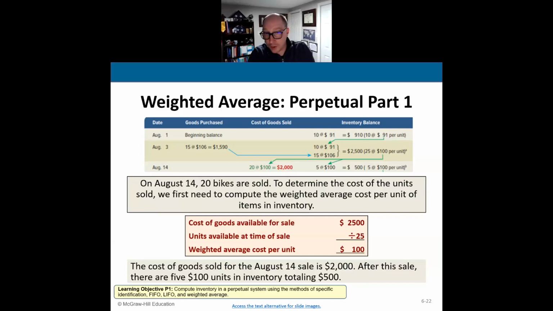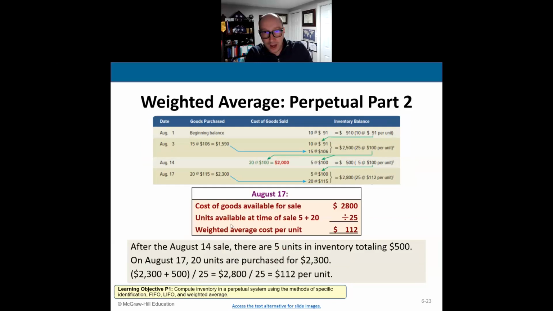So then time goes on. I make more purchases. I sell some first. August 14, I sell 20 bicycles at $100 each was our cost, okay? Then I made more purchases on August 17.